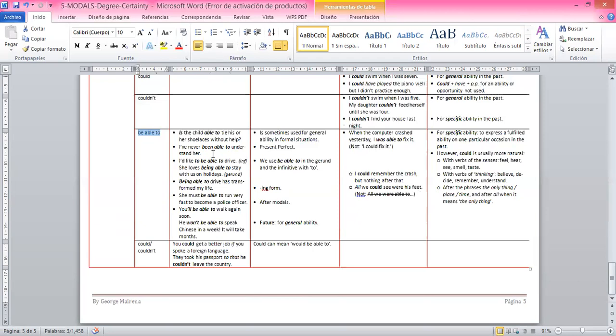But that modal must be used just in the present. You cannot use it in the past or in the future. I can win the race, but that is in the present, right?